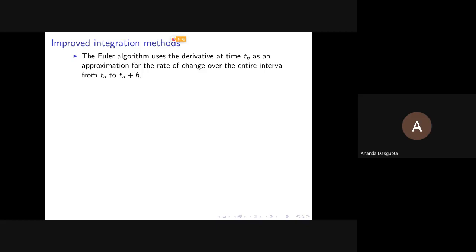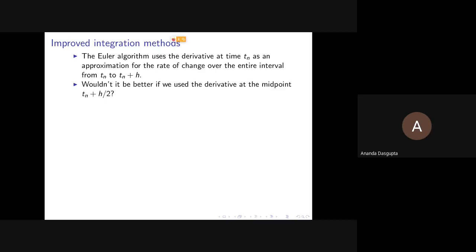You could take the derivative at the midpoint of the step. So we will start with that, although the other suggestion is also equally good, as it turns out, or equally bad. That is, they are both improvements on the Euler method, but both of them have their own issues, and we will see how to handle them. But let's start with this one.